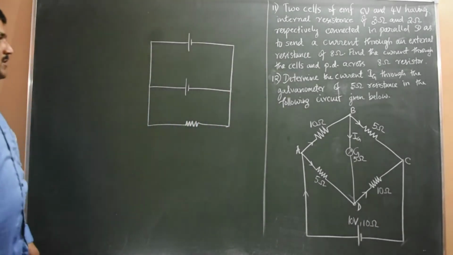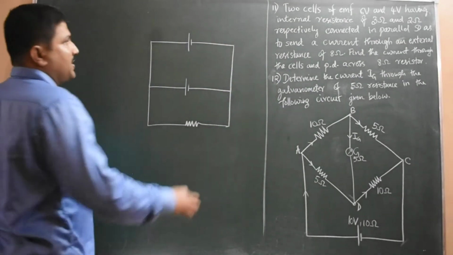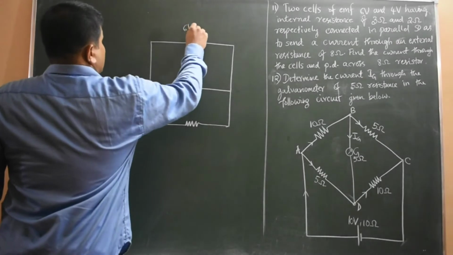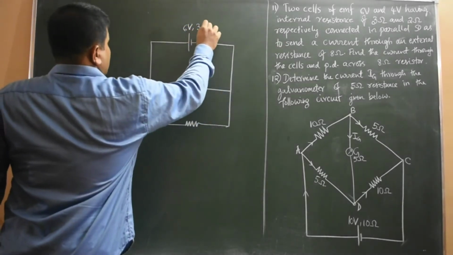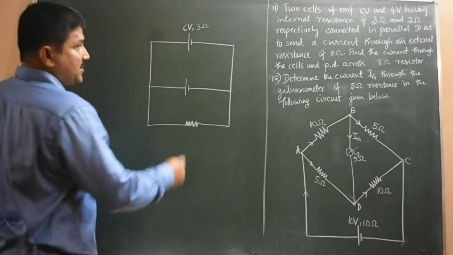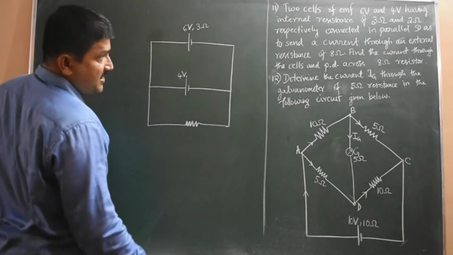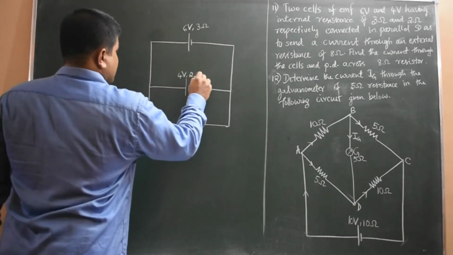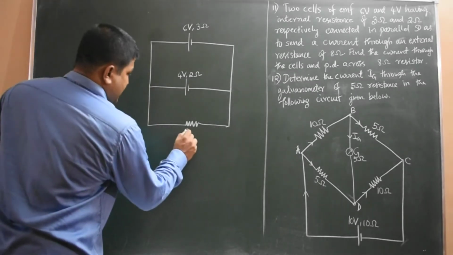Like this we can put the circuit diagram. Now let us label the quantities given. Here EMF is 6 volt and internal resistance of the first cell is 3 ohm. Second cell EMF is 4 volt and internal resistance is 2 ohm. Then the external resistance is 8 ohm.